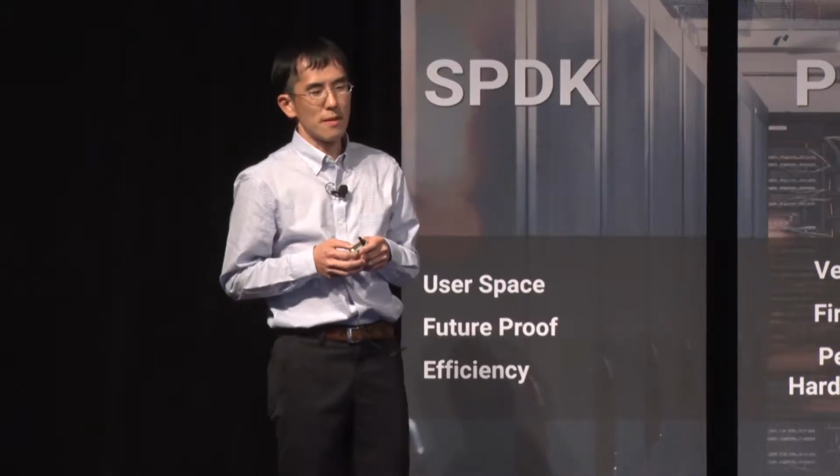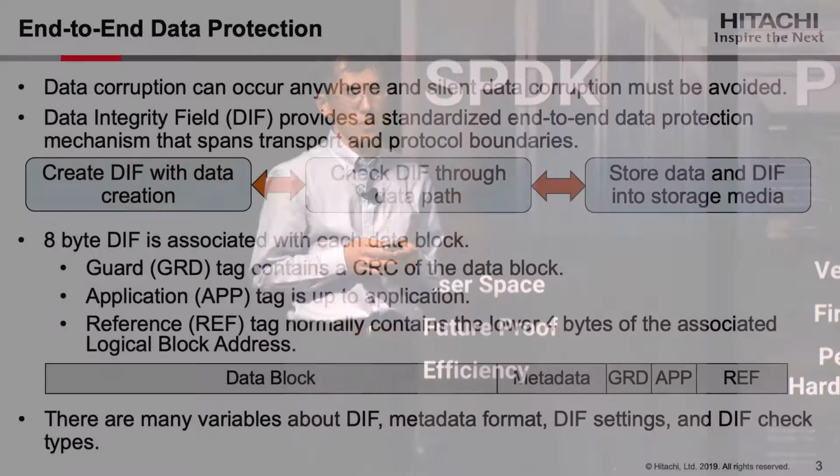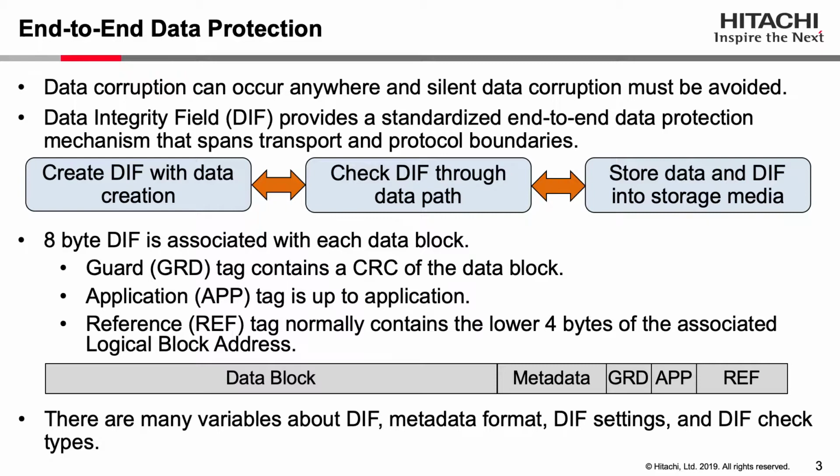DIF is made of 3 fields, and its size is 8 bytes in total. The first field is the guard tag, which contains a CRC checksum to detect data errors. The second field is the application tag, an opaque 16-bit field whose use is up to the application.